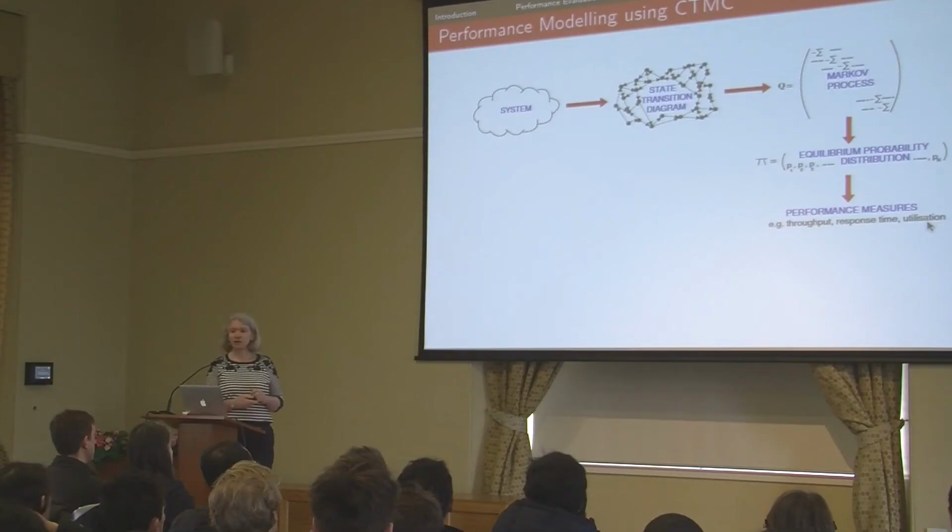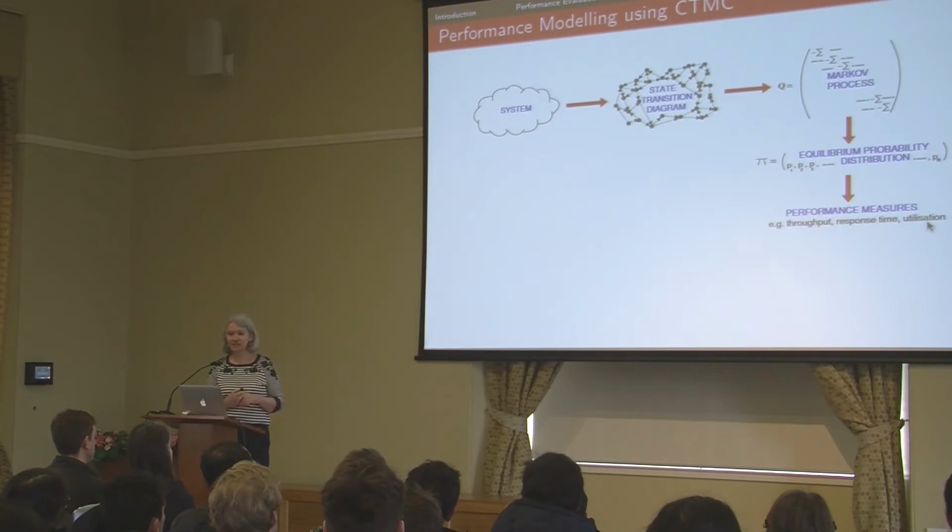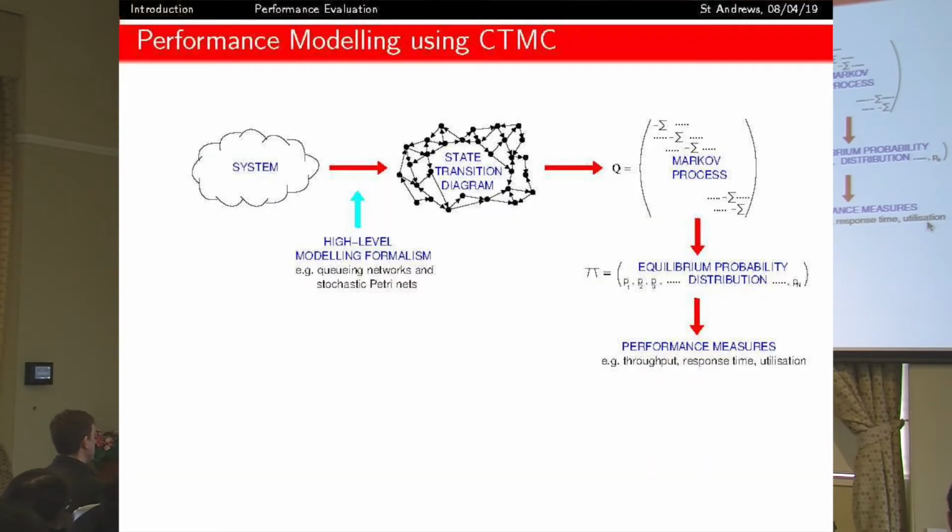So this all seems very straightforward, nice and simple, and it is if our systems are quite small. But the difficulty comes because usually this is millions and millions of states. Okay? And so you don't want to be building this at all. Okay, so people introduced high-level modelling formalisms to try and ease the burden of building that.